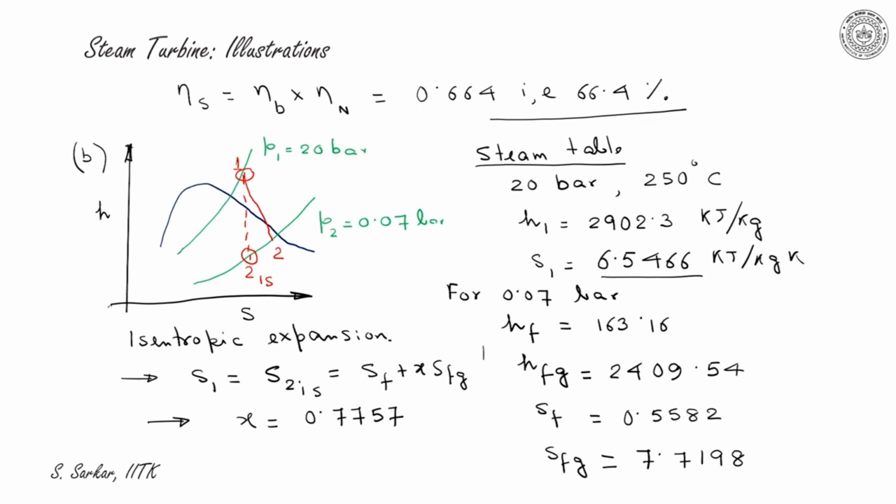As you have got X, you can calculate H2s, that is the enthalpy at the end of isentropic expansion, which is HF plus X into HFG. I have got 2032.30 kilojoule per kg; please check the calculation.